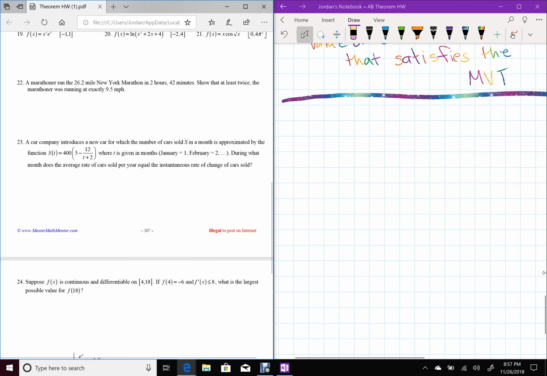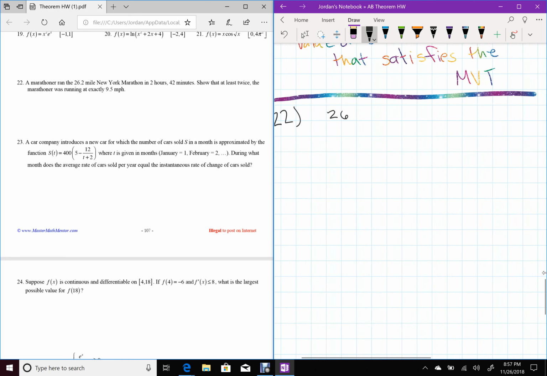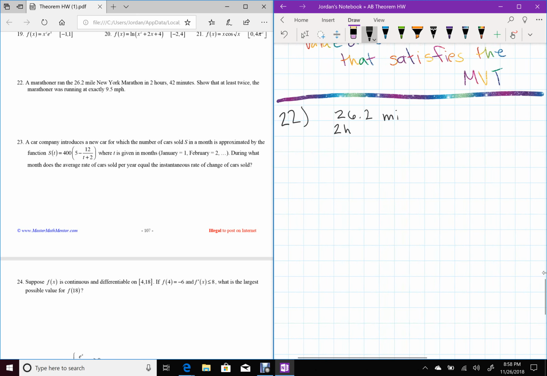Number 22. This one involved a bunch of logic, so be ready. Just finished 21. So the marathoner ran the 26.2 mile marathon in 2 hours, 42 minutes.